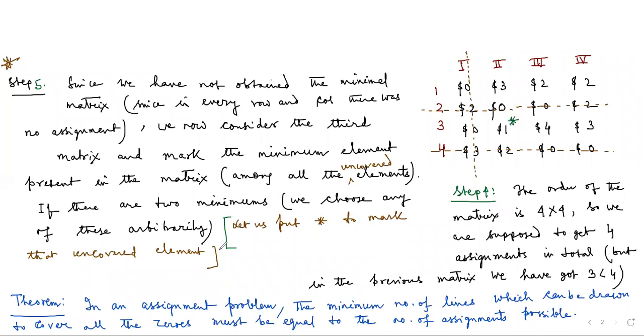I'm not done with step number 5. I'm going to write something else over there. But before that, let me copy the matrix in my copy, because the class timing is running out, and once this class ends, I will lose my board work.